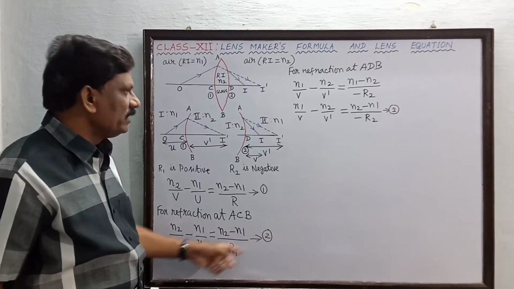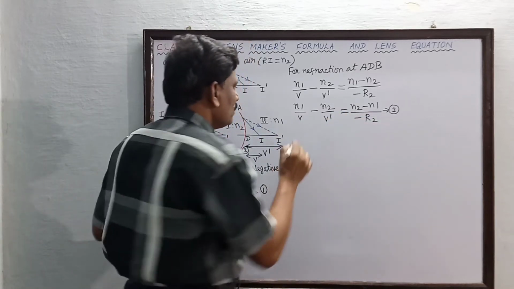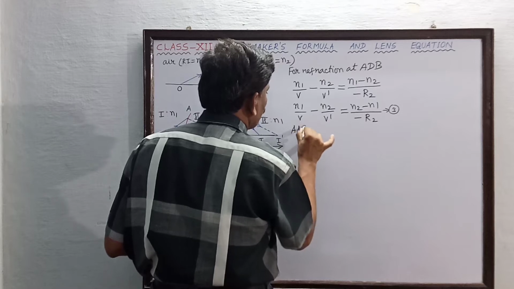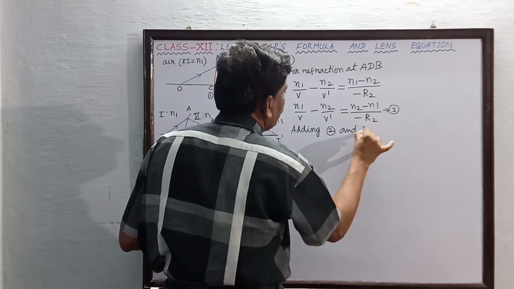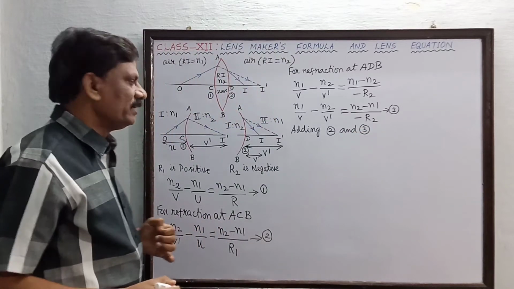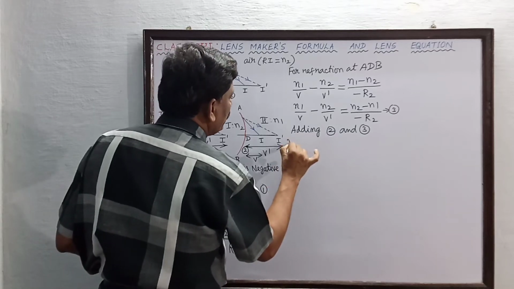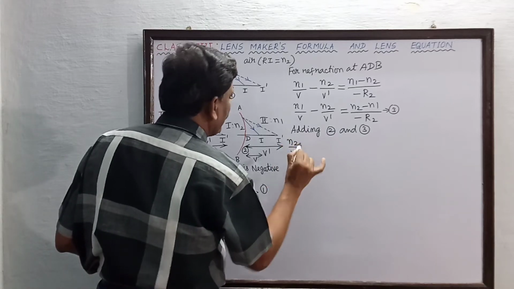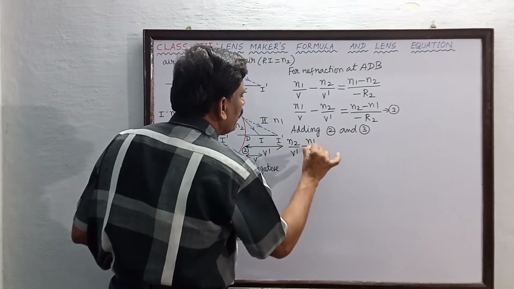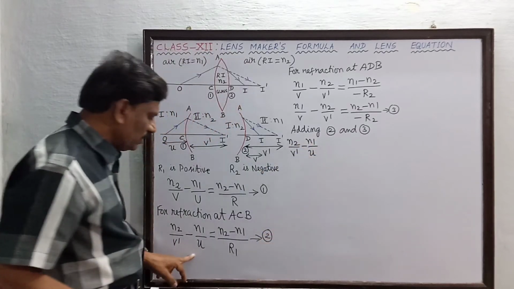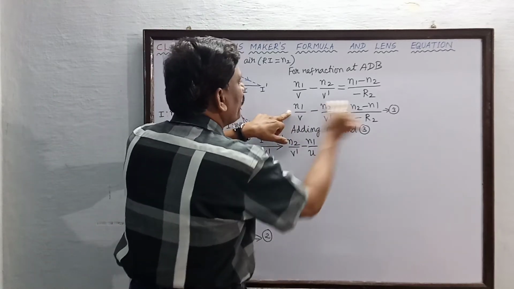Now look at equations 2 and 3. I am going to add. So adding equations 2 and 3. These two equations are added. So I will write the left hand side first. So n2 by v dash minus n1 by u, plus n1 by v minus n2 by v dash. I have written the left hand side of equation 2 plus left hand side of equation 3.